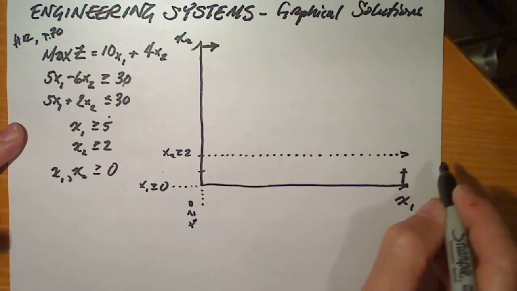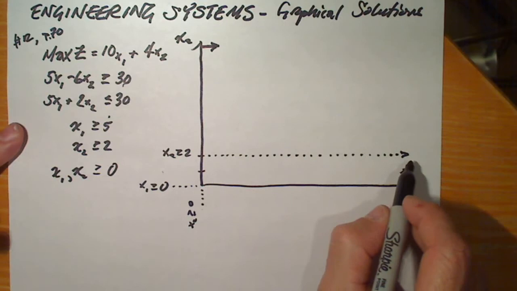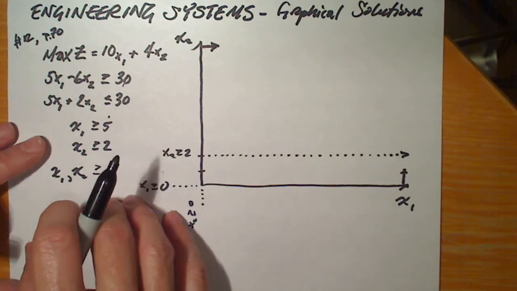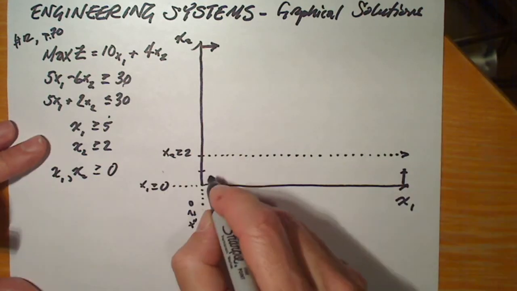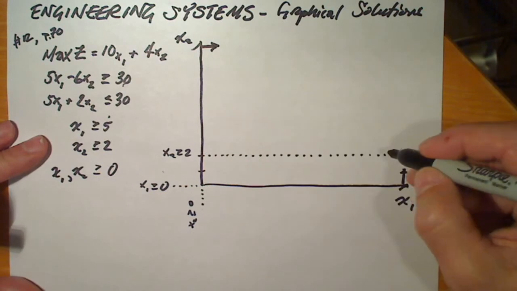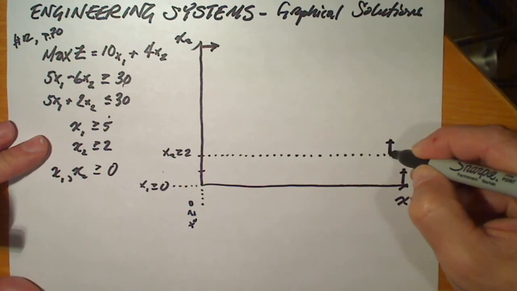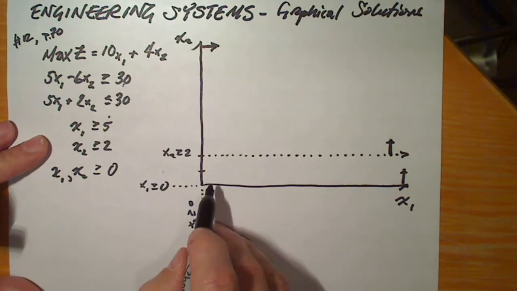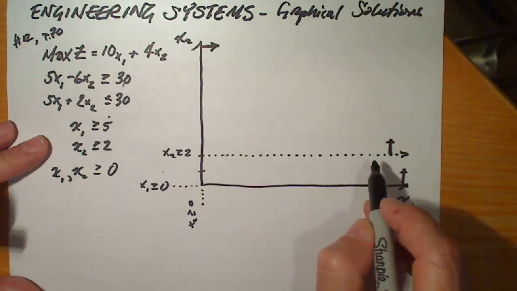I've dashed it because we don't know whether this is an active constraint or an inactive constraint yet. But it's x2 is greater than or equal to 2, and so we have to be on the top side, the x2 positive side of this constraint equation.